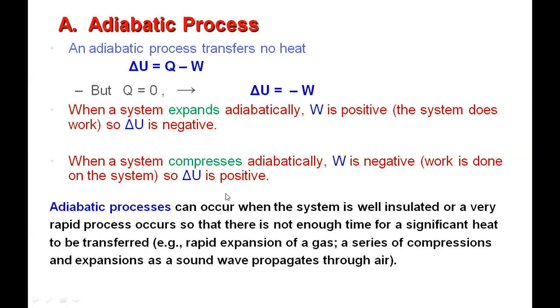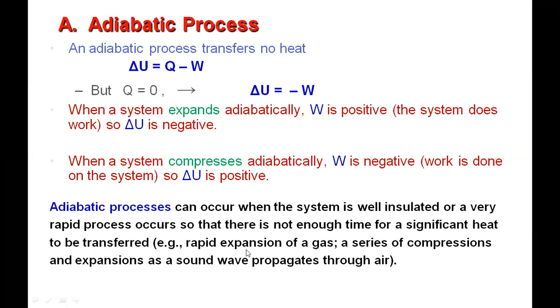An adiabatic process can occur when the system is well insulated, or when a very rapid process occurs, so that there is not enough time for a significant amount of heat to be transferred.